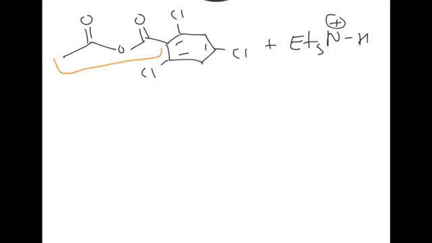Do you remember what this functional group is called? It's like you took two acids and you took water out of them. So instead of being hydrated, they're not hydrated, they're anhydride.